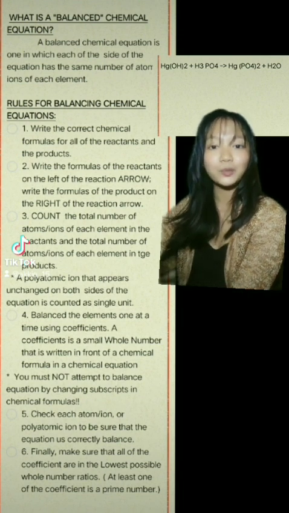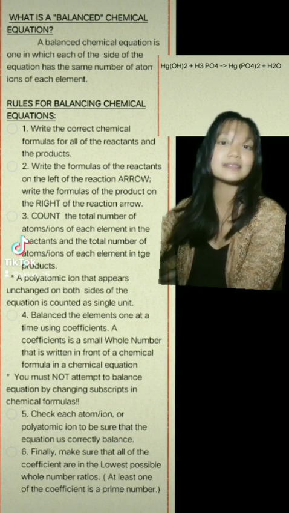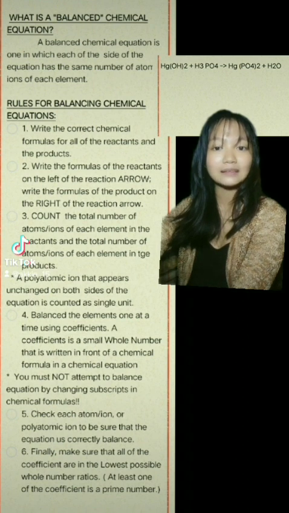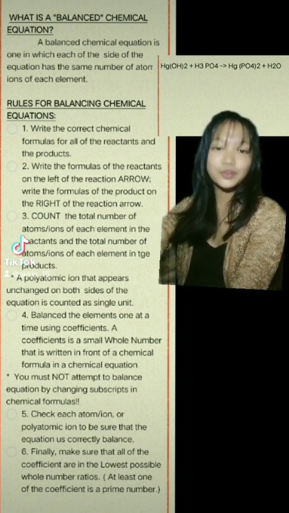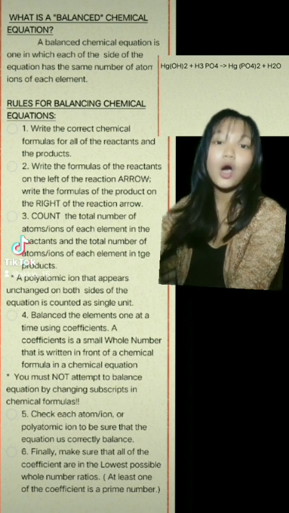Number one, we have to write the chemical formulas for all of the reactants and the products. Number two, we write the formulas of the reactants on the left side of the reaction arrow and the formulas of the products on the right side.